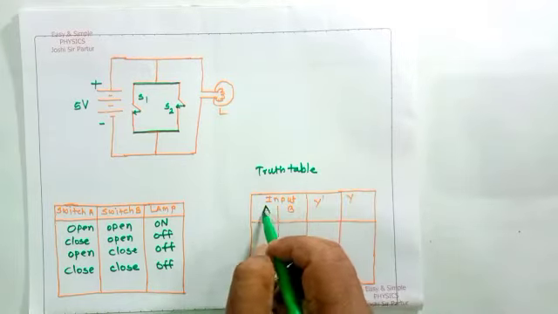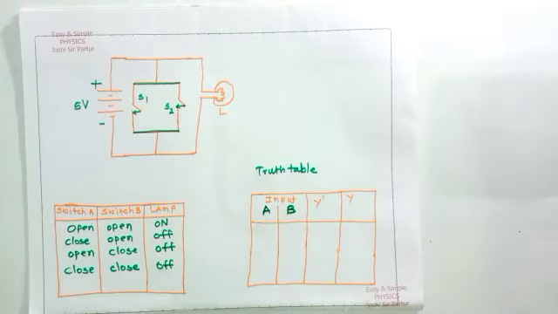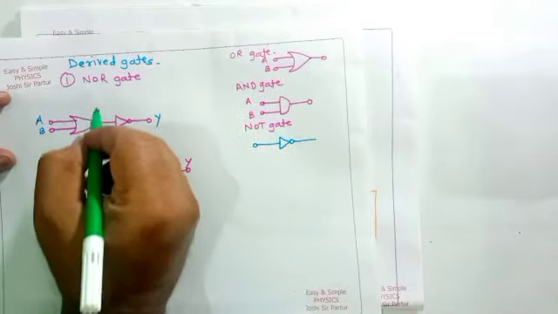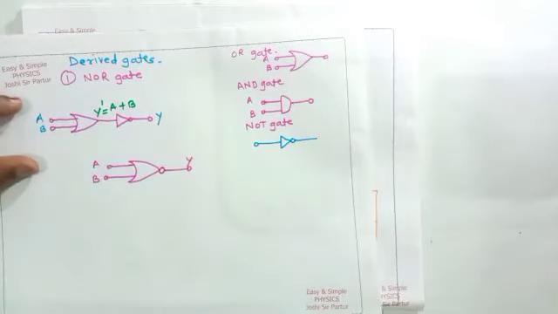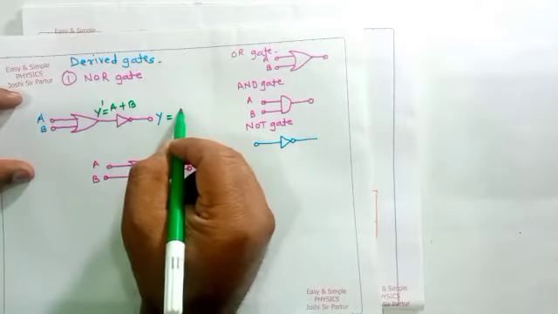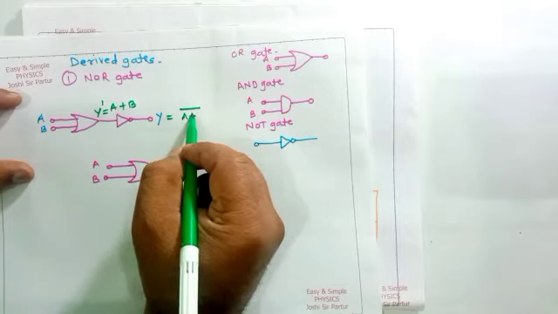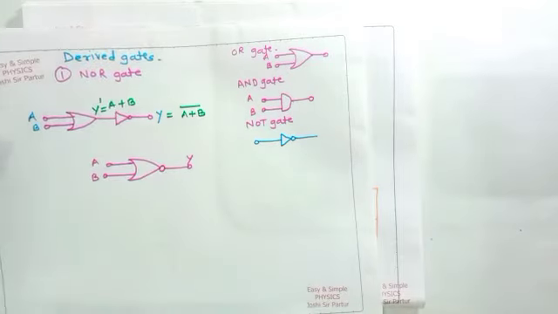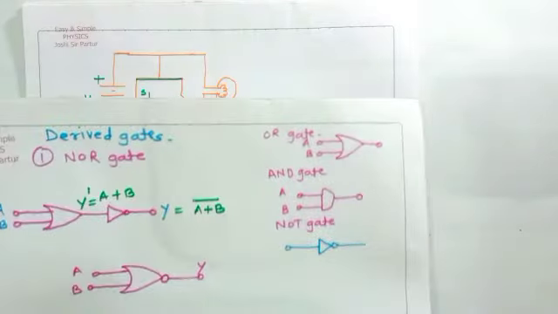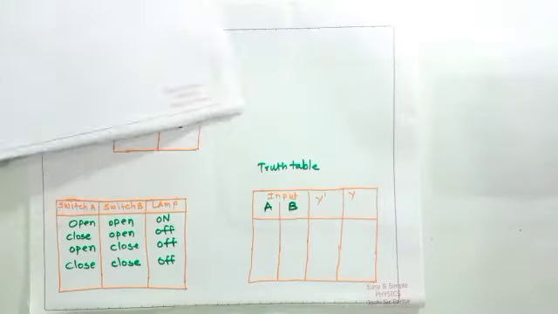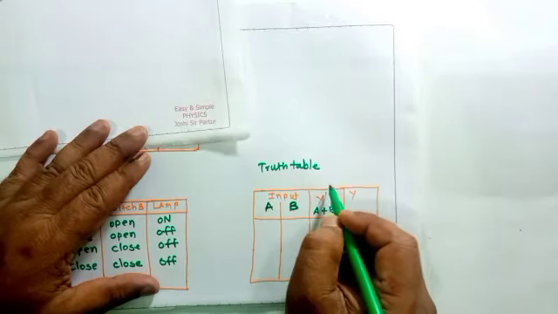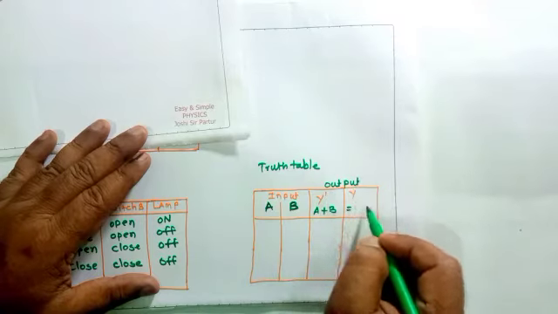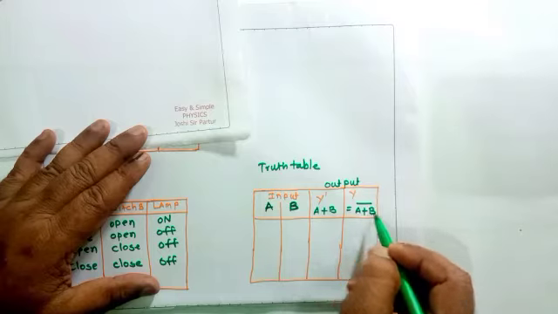Two inputs are there, A and B, and see in this circuit, Y dash is equal to A or B and Y is equal to the complement of A or B. So here Y dash is A or B, and output Y is the complement of A or B.